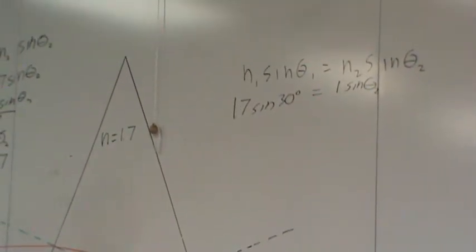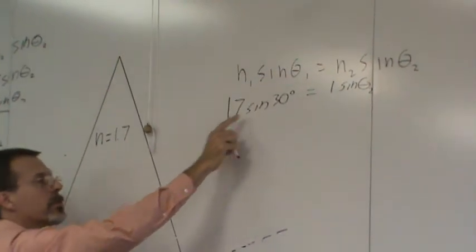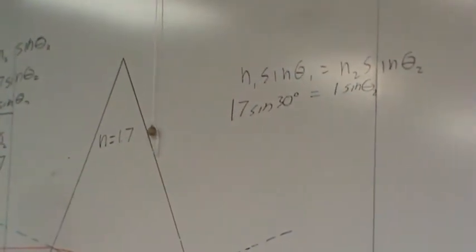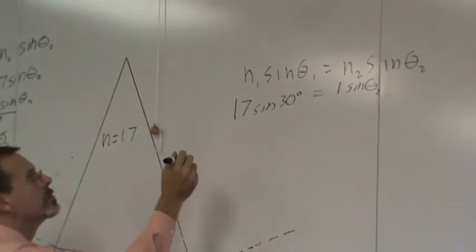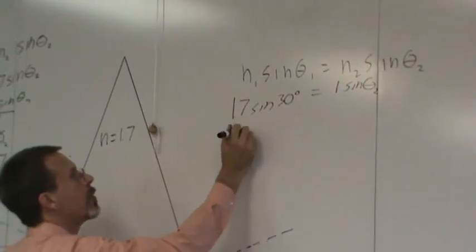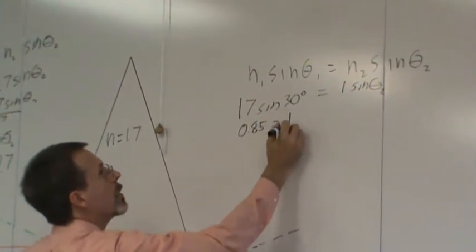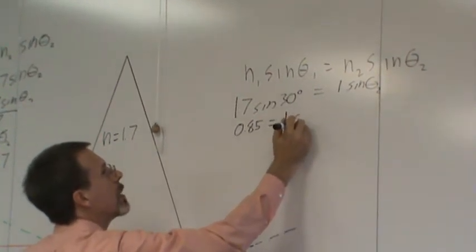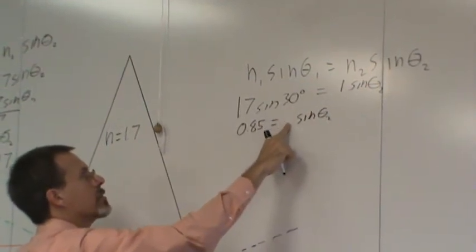So we need to do the math. 1.7 times the sine of 30 degrees, which I happen to know is 1/2. It's one of those things that I've done enough times. The end result would be 0.85. So 0.85 is equal to 1 times the sine of this angle. Well, 1 times the sine is just the sine.